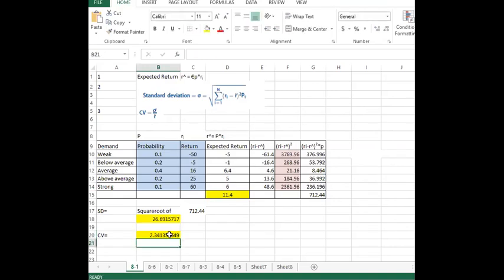So the coefficient of variation is 2.341. This represents that for 1 unit of expected return, the firm has 2.34 units of standard deviation, or in simple words you can say the risk. So that's it.